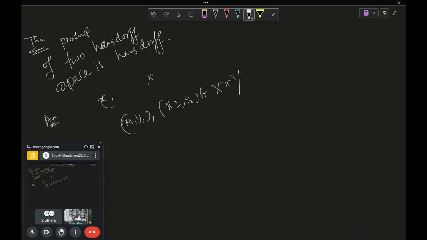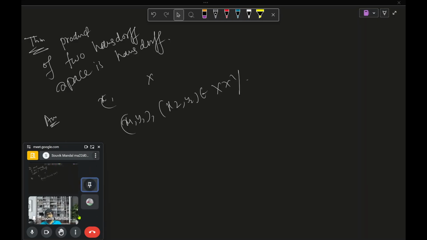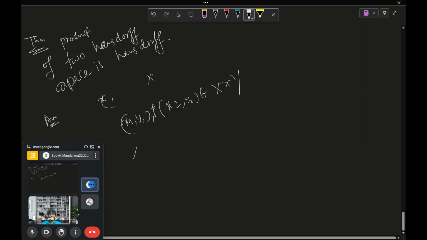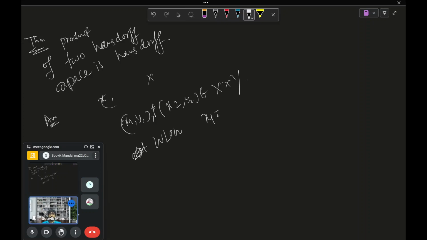Clearly, these 2 points are distinct, so x1 may not be equal to x2, or at least y1 may not be equal to y2. Without loss of generality, assume that x1 is not equal to x2.